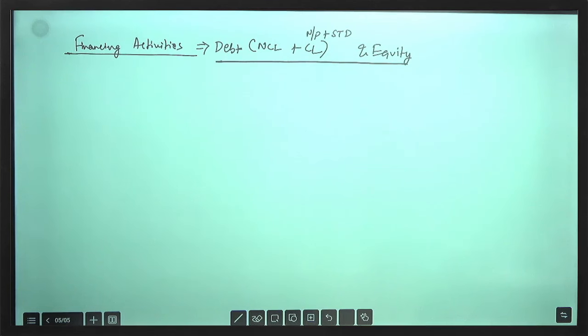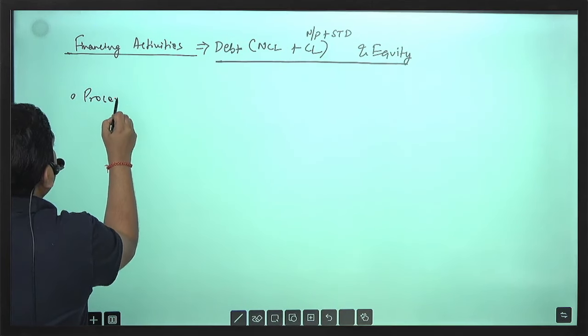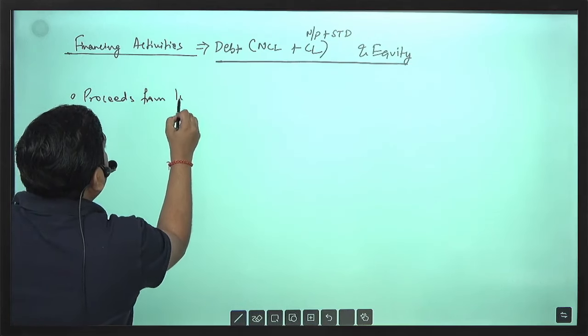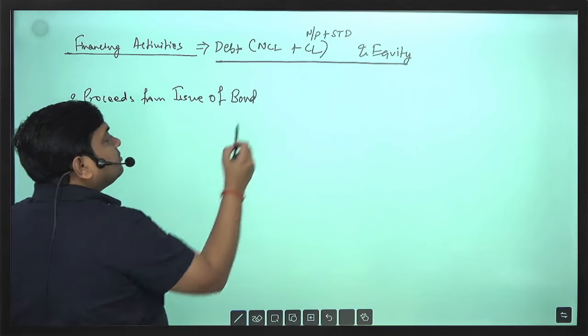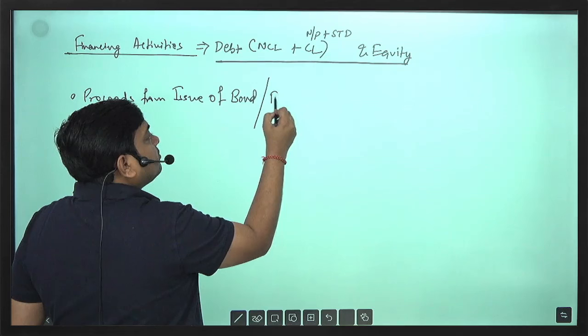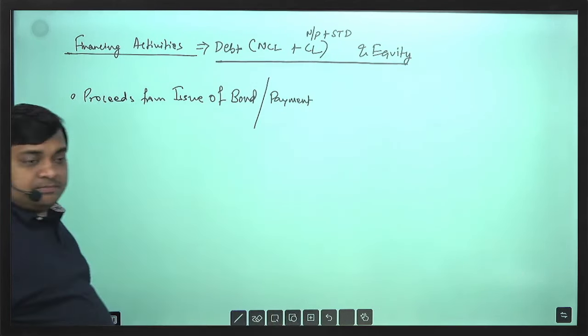Proceeds from issue of bonds. So this is positive cash flow. Payment made for retiring bonds. However, interest which we are giving, that is operating activity.